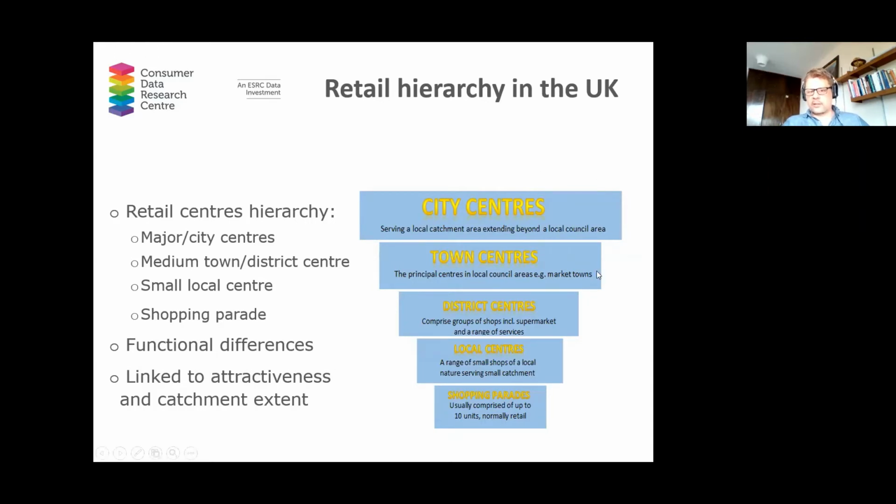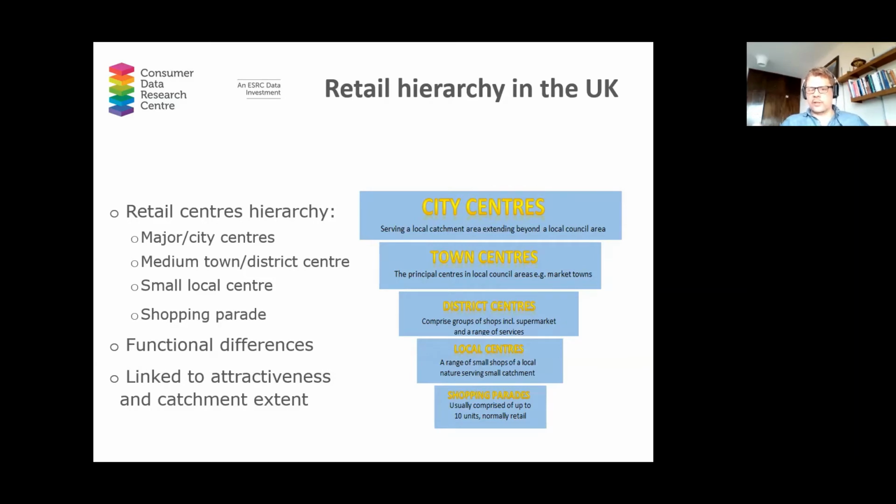The second in the hierarchy are major town centres and town centres. These are the principal centres in each local council area, so that will be Oxford, Cambridge, Southampton, Portsmouth, Gloucester, and so on and so on.